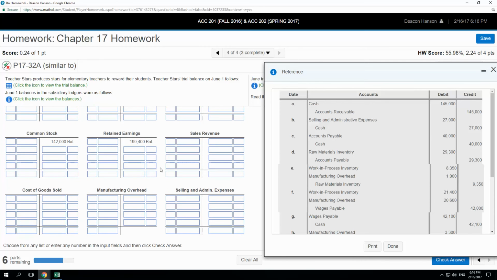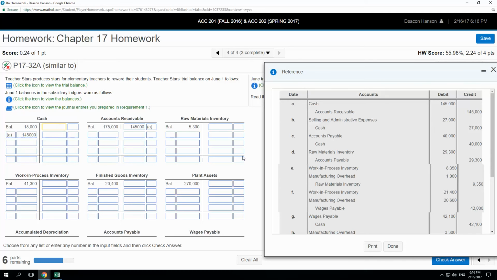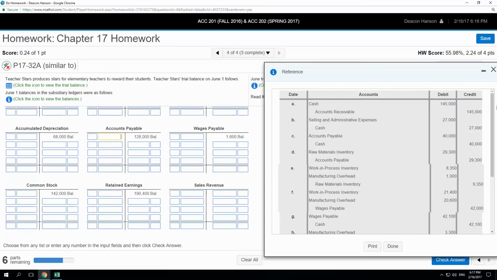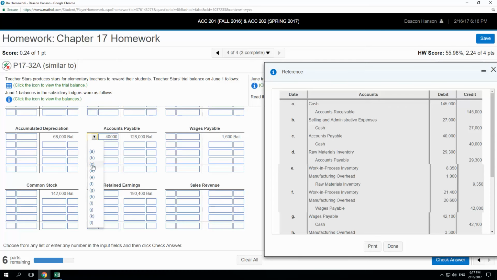Let's see, selling and administrative expenses. I'm on B. Then there's a credit to cash. Now I got a debit to accounts payable in C, and a credit to cash.